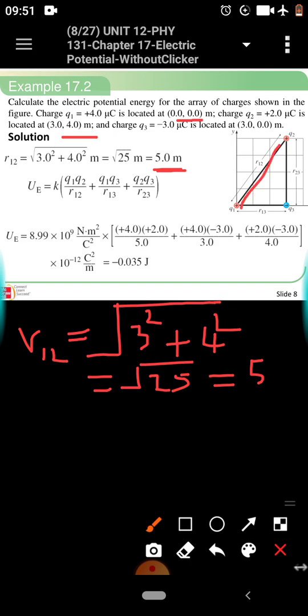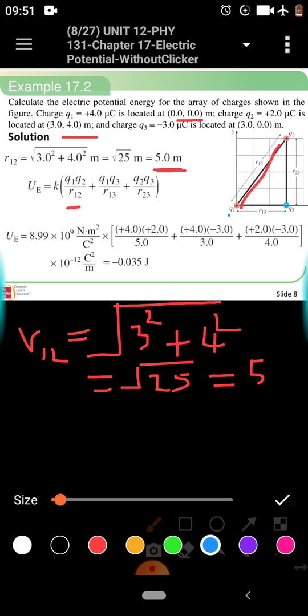So we are good in this part. Now what will the next part be? The next part will be to find r23. So we have q3 located at 3 meters.